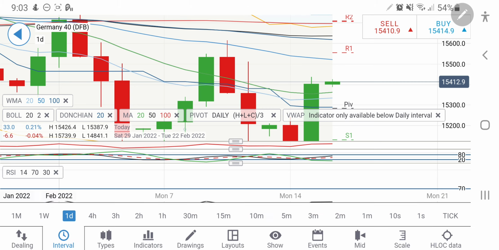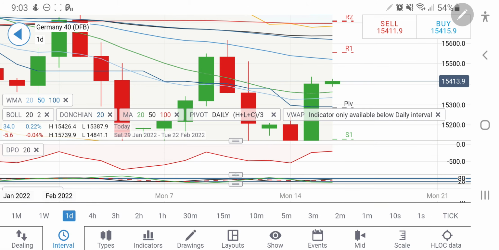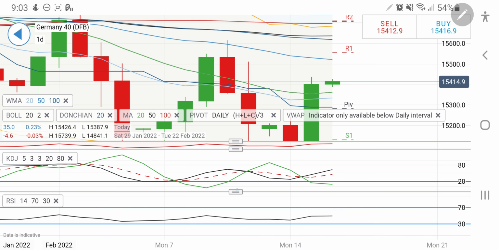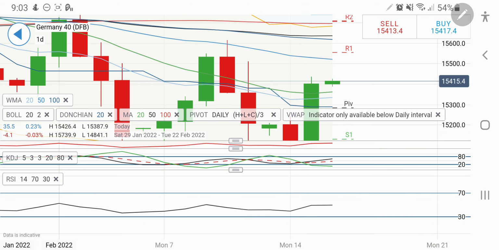Now you can see here the trended price oscillator is on the sell side. The stochastic has again entered comfortable levels, neither overbought nor oversold. However, any short entry should be taken around this zone, at around 15370 levels.